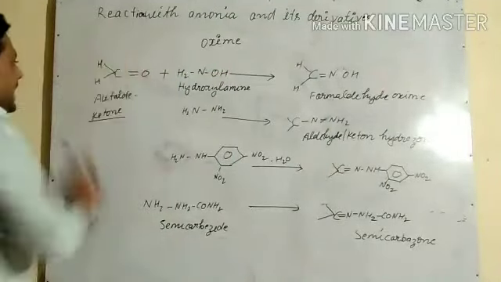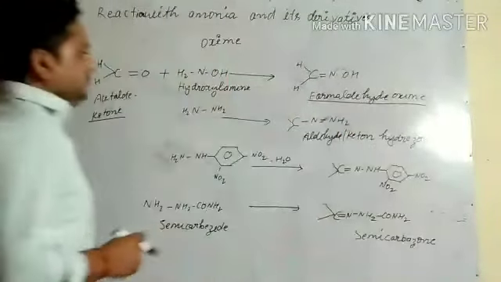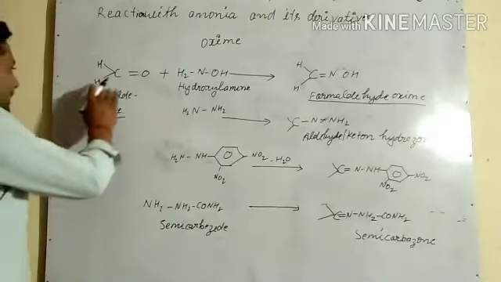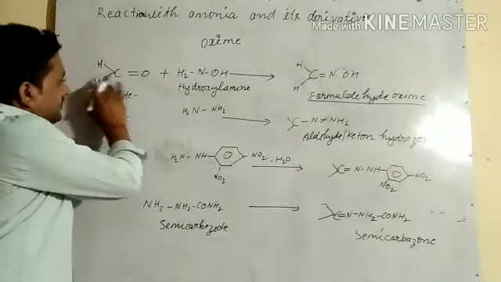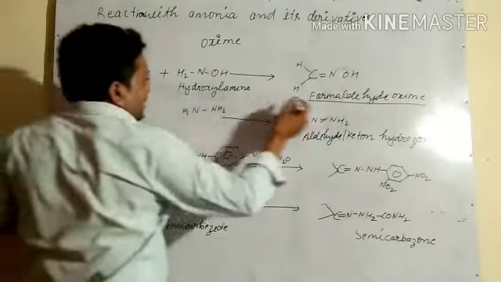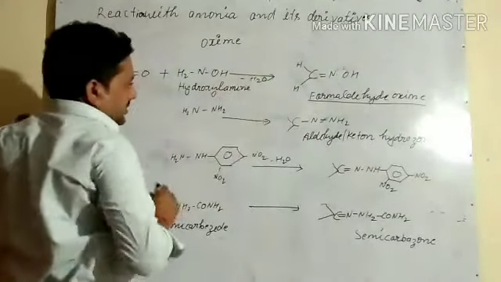So when it reacts with aldehyde, that forms aldehyde oxime. Okay. So if we have taken formaldehyde here, the product will be formaldehyde oxime, and H2O will be released.